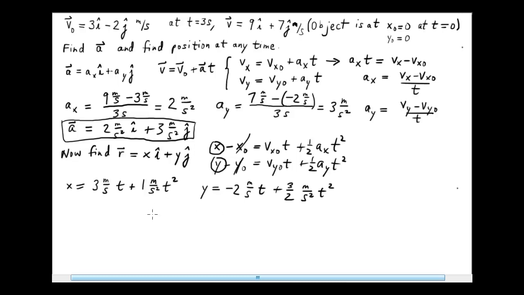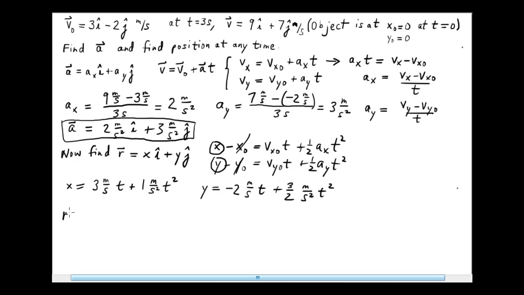All right, and that pretty much gives us what we need. Note that if I plugged in t here in seconds, the seconds would cancel and I'd be left with a distance in meters, as I should. The same thing would be true for the second term.